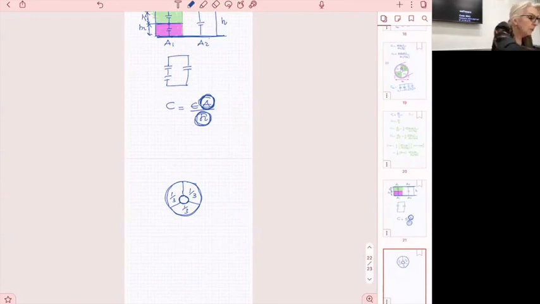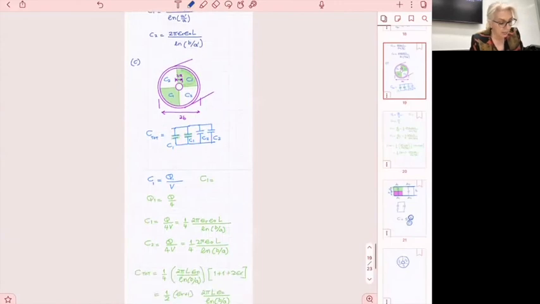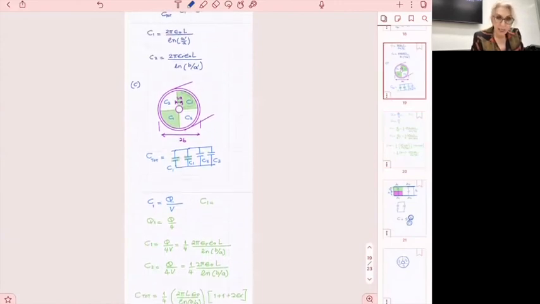What I said here is that they share the areas that they have. Each one of these quarters is like 1/4 of the area of the inner and 1/4 of the area of the outer conductor. That makes it 1/4 of the capacitance of the total. Here is how you have to think about it. C2 is a quarter of a capacitor if the whole thing were filled by air.